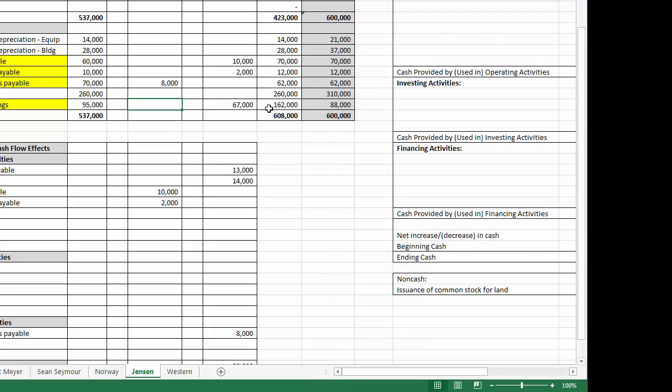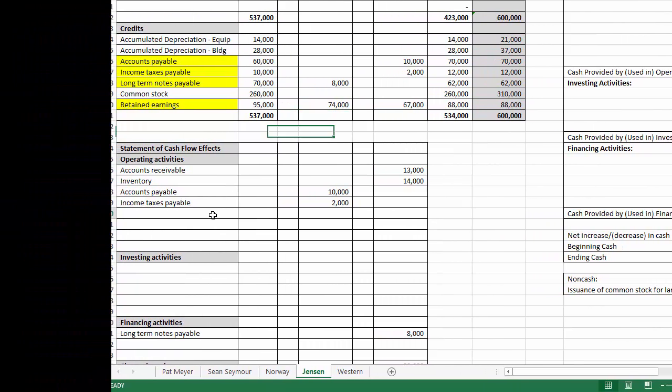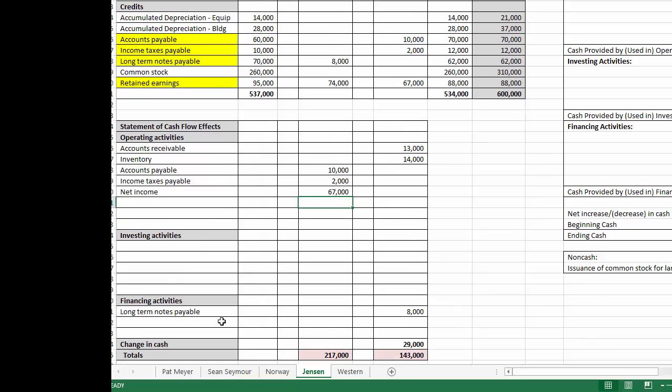So we want the number in here that will make this balance. And if I do the math, you'll need $74,000 to make that balance. So we'll bring both of these numbers down. Net income will go into the operating section. And we will have dividends down in the financing section.